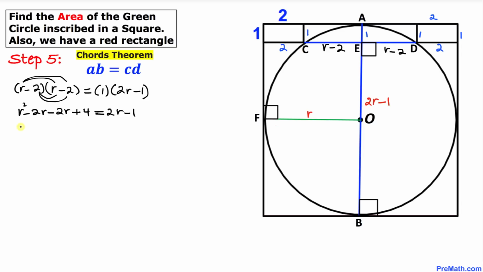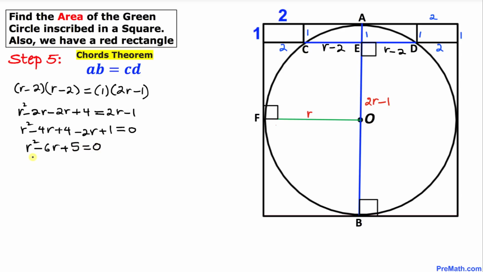So on the left hand side, when we simplify, we get R squared minus 4R plus 4. And when we move this 2R and negative 1 to the left hand side, it becomes negative 2R plus 1 equals 0. And let's simplify furthermore. We got R squared minus 6R plus 5 equal to 0.